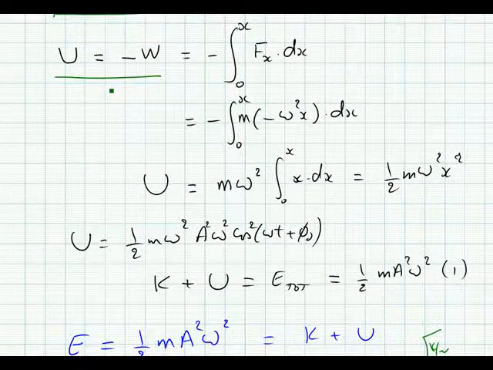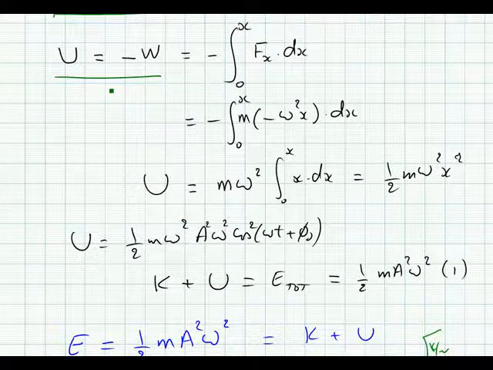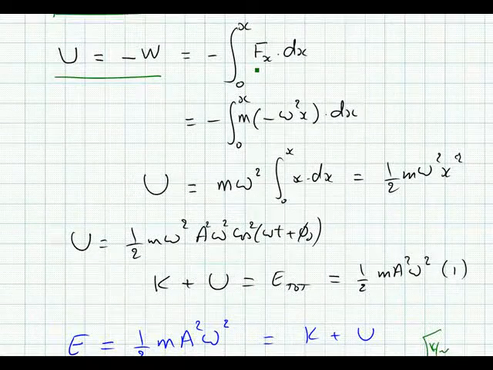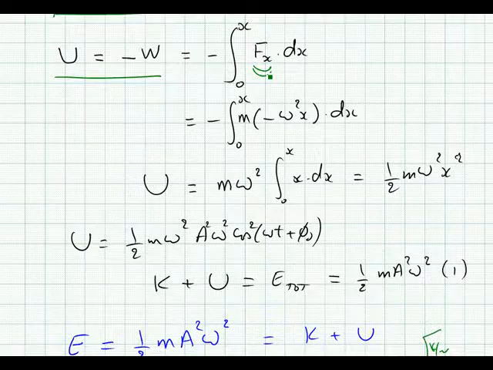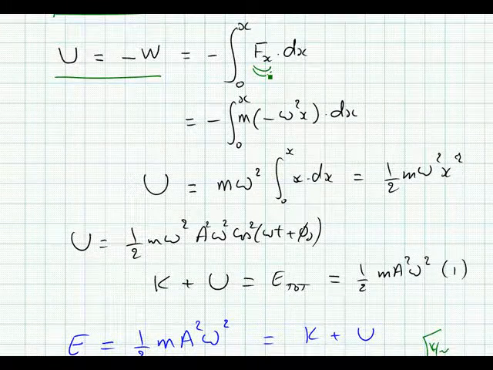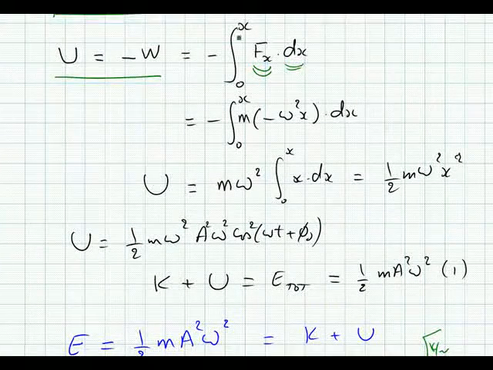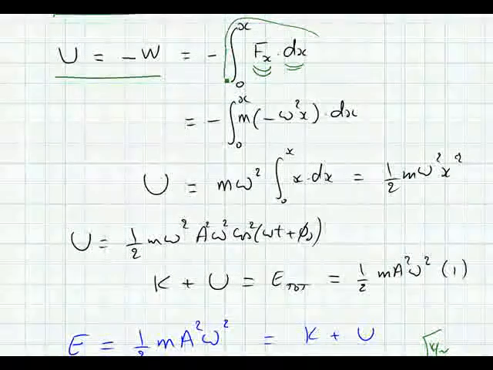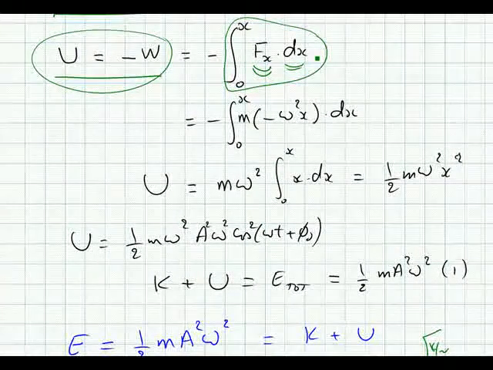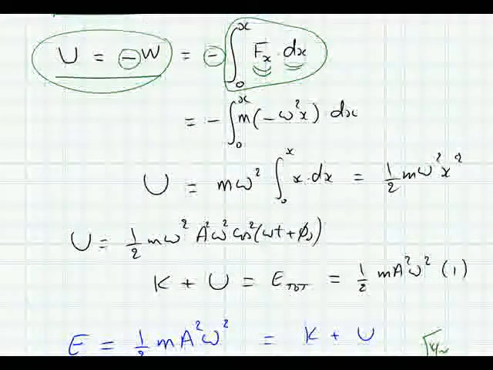And the definition of work is the integral of the force over displacement. So that's the definition for work that we had in chapter 11. So this part is from chapter 10, this part is from chapter 11. The negative sign is from right here.